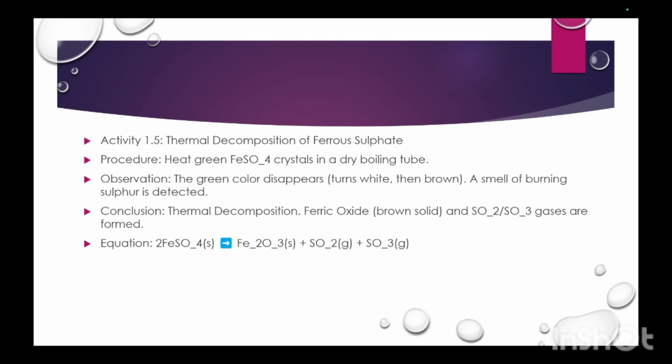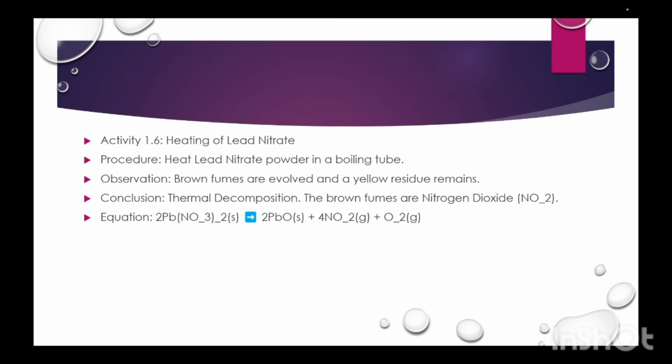Ferric oxide, the brown solid, is formed, and SO2 and SO3 gases are released. The equation: FeSO4 breaks down into Fe2O3 plus SO2 and SO3. In the next slide, we will see the next activity, the heating of lead nitrate.